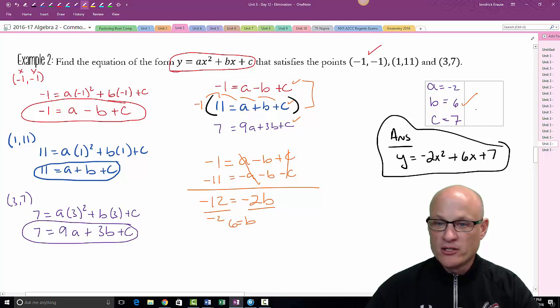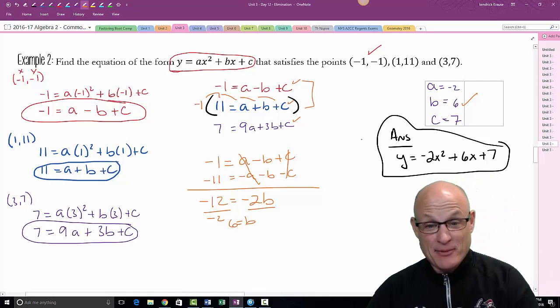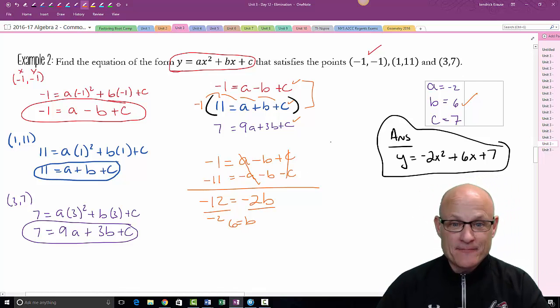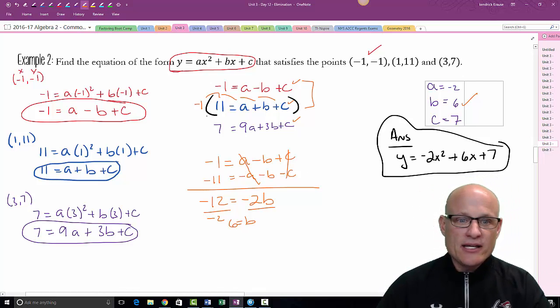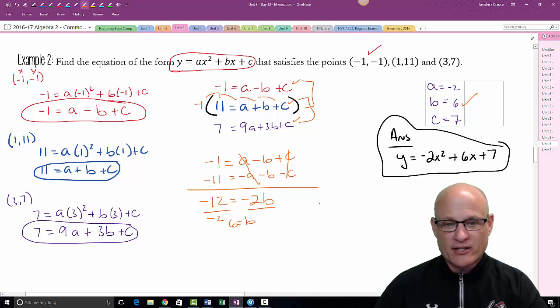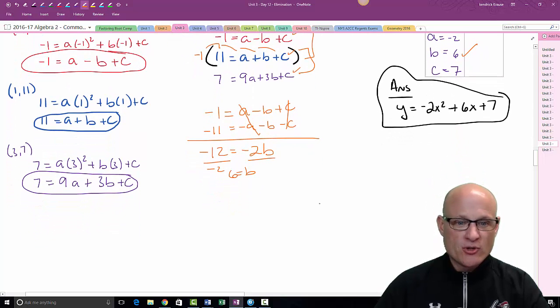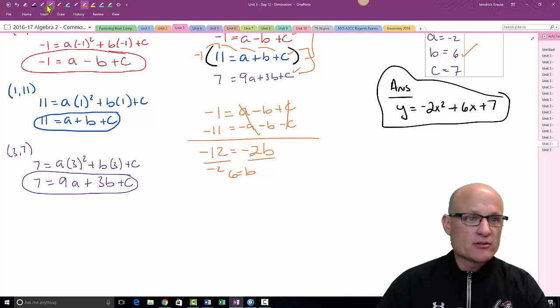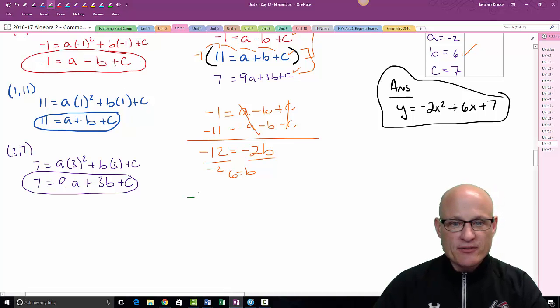I can already mark one off. That doesn't happen that often, but boy, am I glad it did. So now I can combine these two, doing the same work. I'm going to multiply that second one through by -1. Let me grab a different color, green. So -11 equals -a minus b minus c.